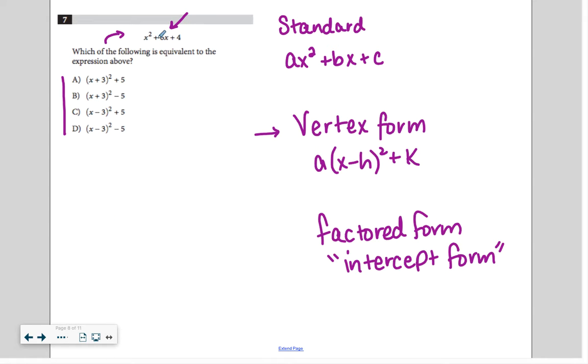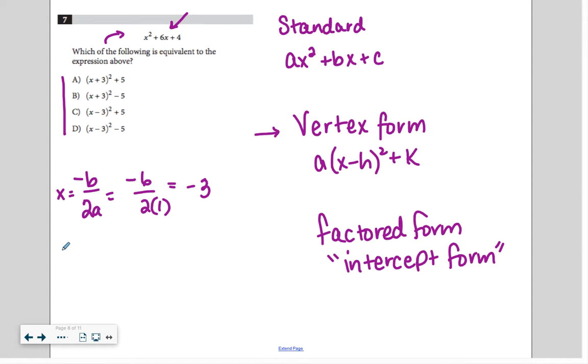You could find the vertex from here, x squared plus 6x plus 4. For standard form, if I want to find the x coordinate of the vertex, I do x equals negative b over 2a, and so that would be negative 6 all over 2 times 1, which gives me negative 3. Okay, so I know the x coordinate is negative 3.